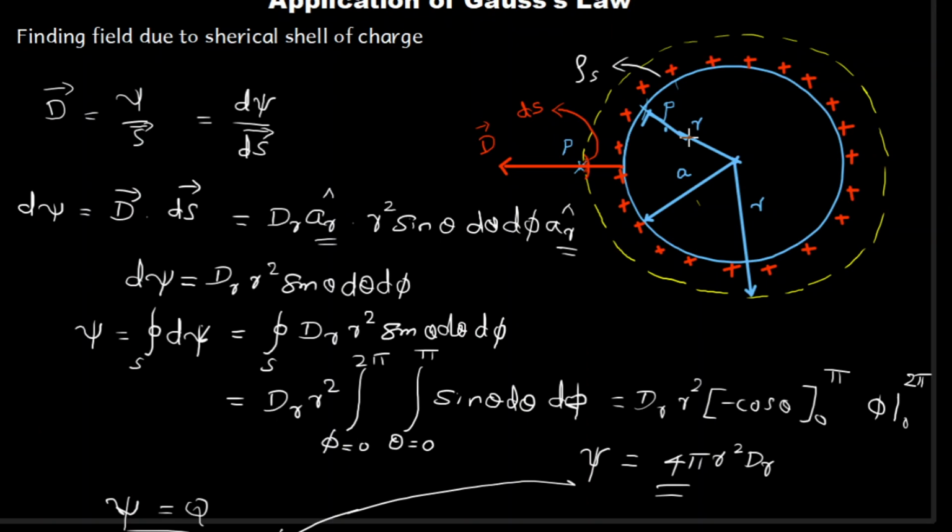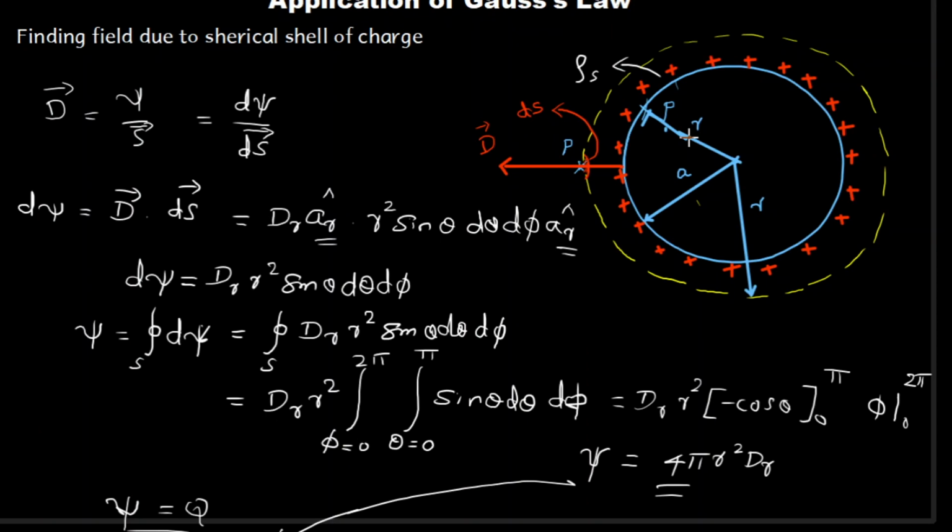That means the Gaussian sphere just covers my shell of charge, the skin. It's something known as a skin conductor. The Gaussian sphere just covers and encloses these charges. It is not that the charges will be on the surface of the Gaussian sphere. The Gaussian surface is so designed that its radius is approximately equal to the radius of my actual sphere, and it just encloses these charges.